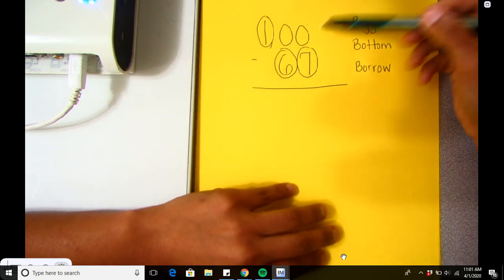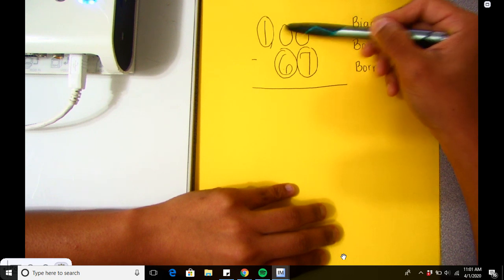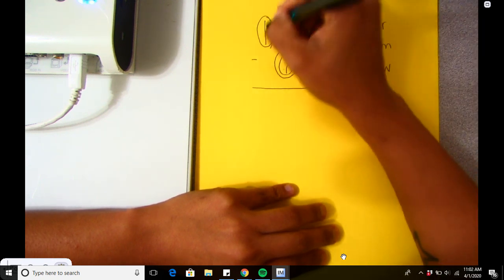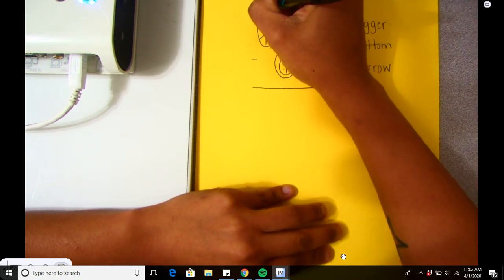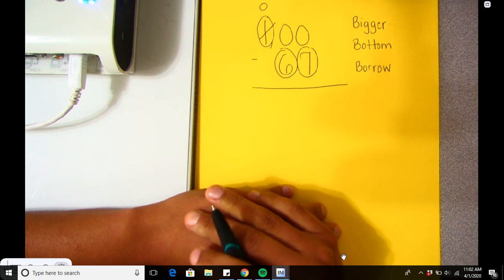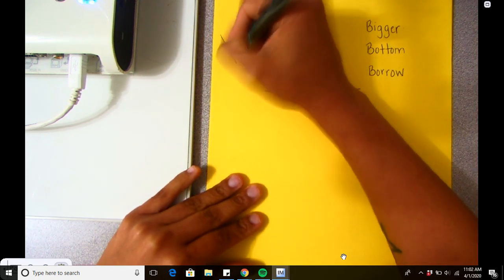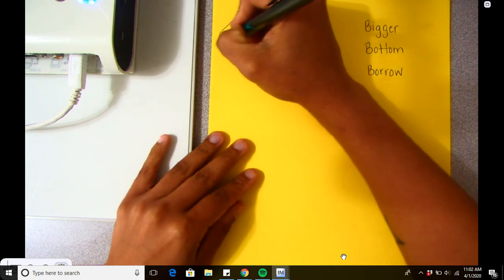So the first thing I do is I say, okay, I'm in the ones place. I come to the tens. Well, I have nothing here to borrow from, so I'm going to come to my hundreds now. I'm going to take away 100. If we remember, when we talk about those hundreds, we would draw those big squares and call them our 100 flat.